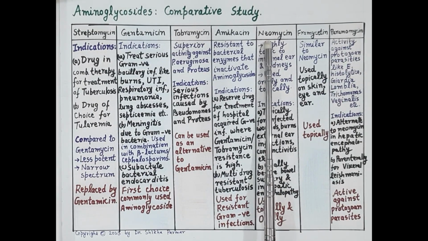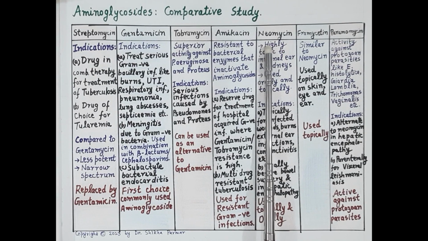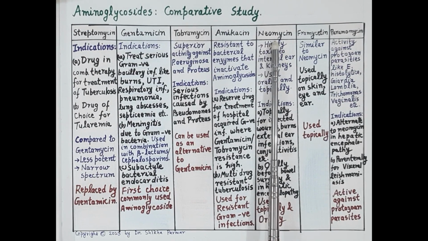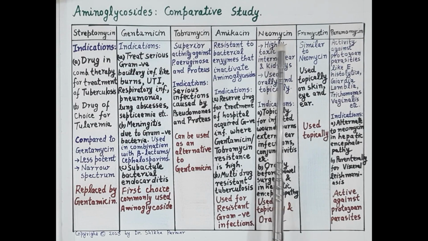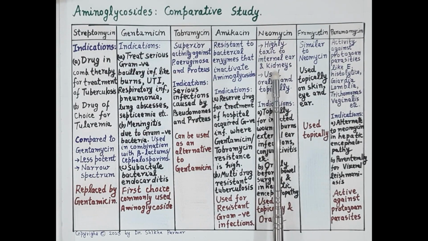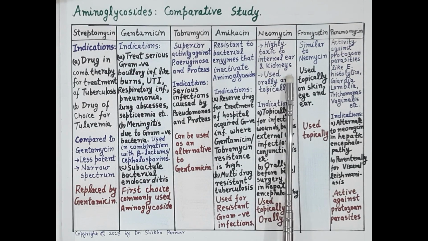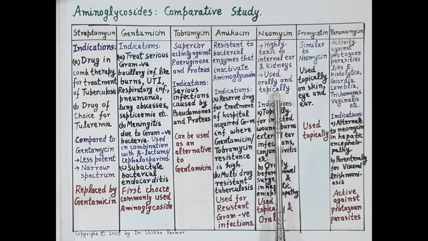Now, the next aminoglycoside is neomycin. Neomycin is not administered parenterally. It is highly toxic to the internal ear and also to the kidneys, and therefore it is not administered parenterally. It is given orally, and it is used topically on skin, eyes and ear.